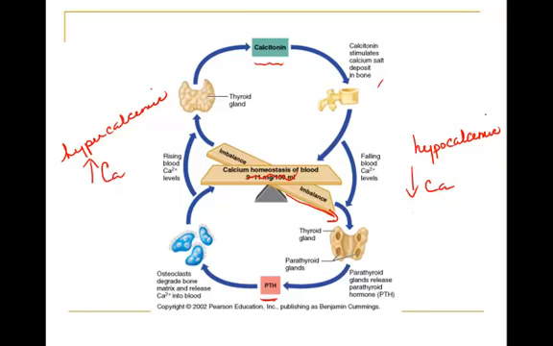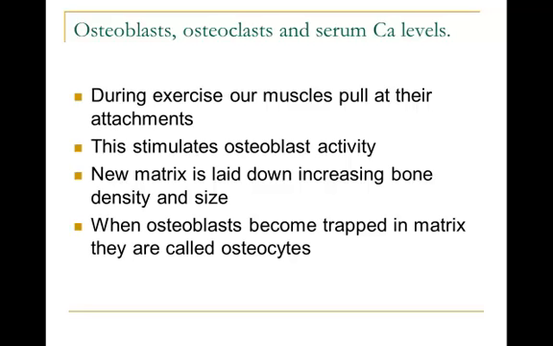During exercise, our muscles that are attached to our bone pull on that bone skin, or the periosteum, and that also stimulates osteoblast activity, which makes our bones thicker and denser by laying down new matrix. When osteoblasts are all done and they've got matrix all around them, then they finally become an osteocyte.